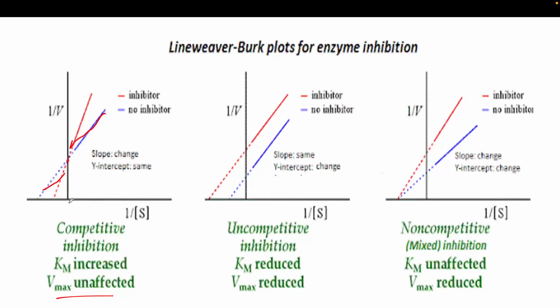Sorry, I said it wrongly: the Km is increased. On the right side there is the increased value and on the left side the decreased value, so the Km is increased in the case of competitive inhibitor.